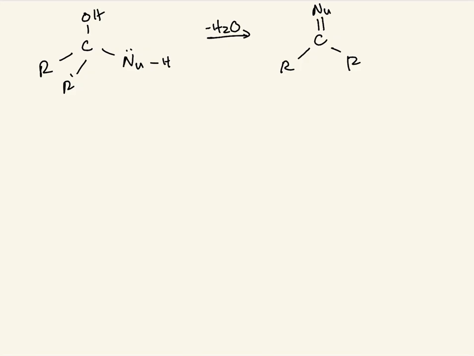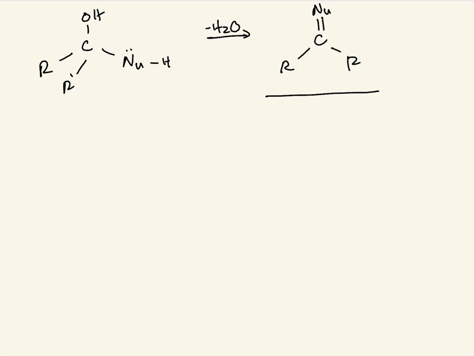That can be a nitrogen in some cases, or it can be an oxygen. Again, if it was water, that was our neutral nucleophile, or it can be an amine. So with an amine, you can imagine that can be a relatively complicated group. You can generate an alkene from that. So then this is our final product for the neutral nucleophiles.